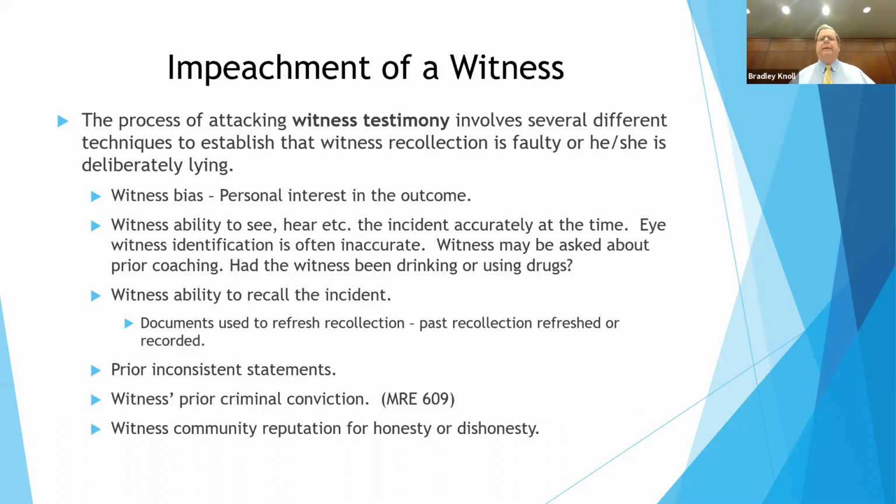The theory being that if a person has been involved in dishonest behavior in the past, resulting in a criminal conviction, that may help them determine how believable or credible that witness is in this particular case. But it's based again on the prior convictions, is again looking at credibility of the witness.